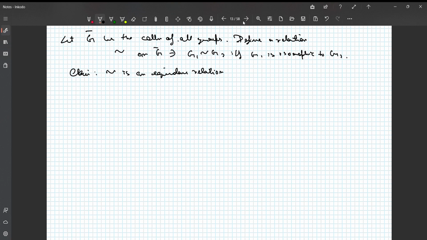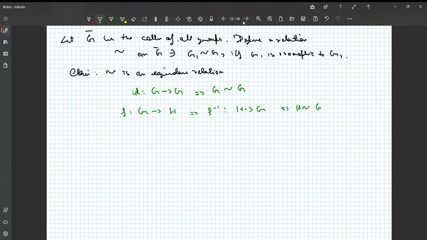And this claim is very easy to prove. I'm just giving the hint to it. You can choose an identity mapping from a group to itself, and this will come out to be a well-defined bijective homomorphism. So that would imply that G is isomorphic to itself. Then if f is a bijective homomorphism from G to H, then f inverse is a bijective homomorphism from H to G. If f is a homomorphism and f inverse exists, then f inverse is also a homomorphism. That's very easy to prove.